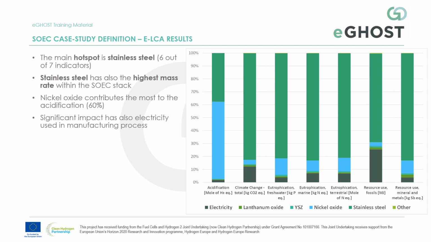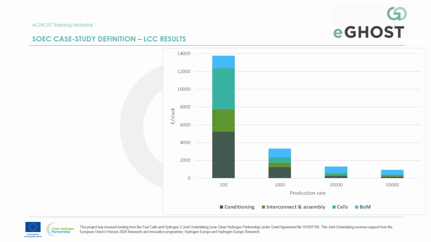Yeah, the electricity used in the manufacturing process also has a significant impact. Here, the prospective 2030 electricity mix for Spain was used, which basically includes 81% renewable energy sources. So yeah, quite optimistic.